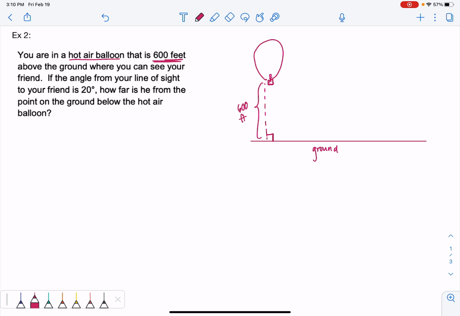If the angle from your line of sight, so it's talking about from your eyes to your friend, is 20 degrees, that's actually, your line of sight angle is actually here, because let's think about a person's eyes.